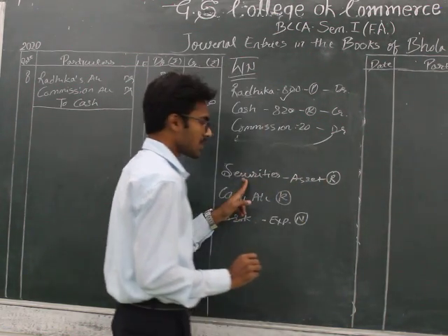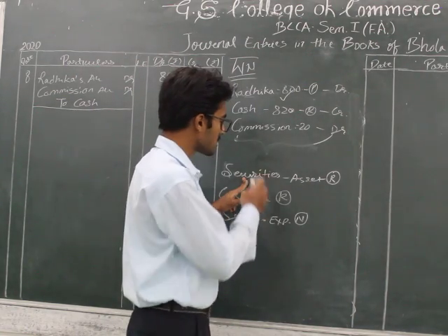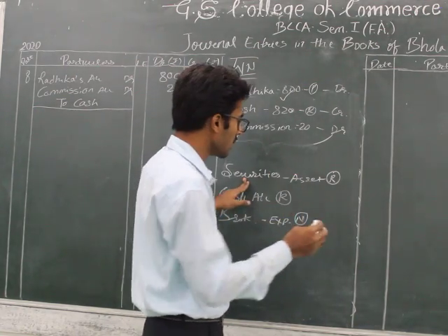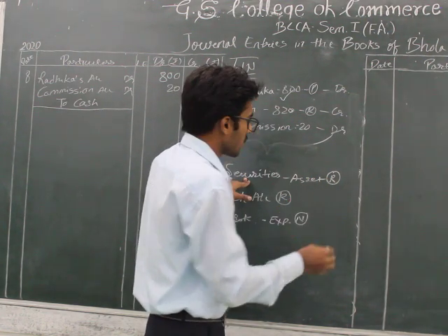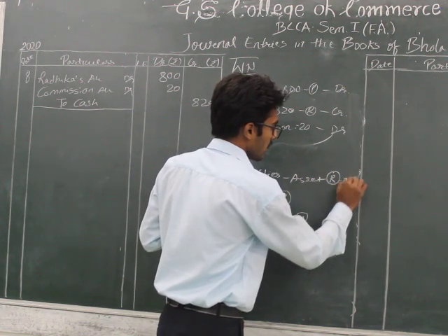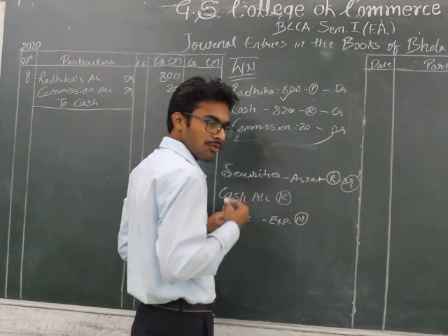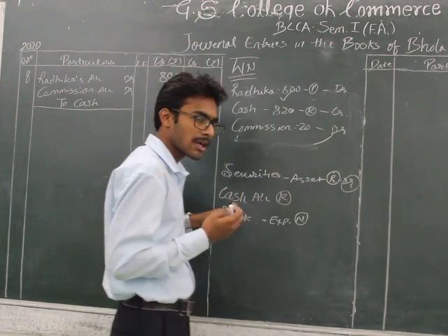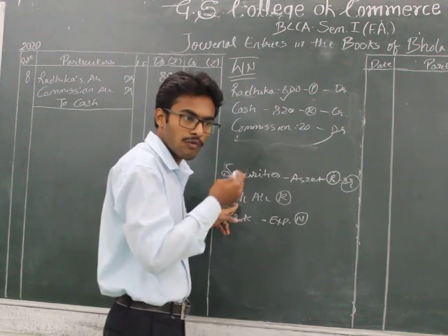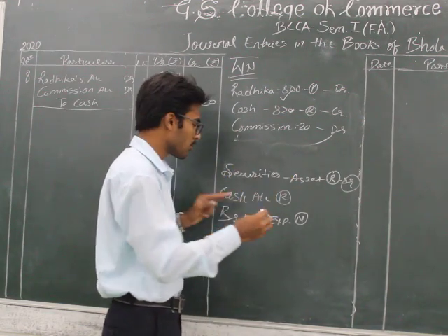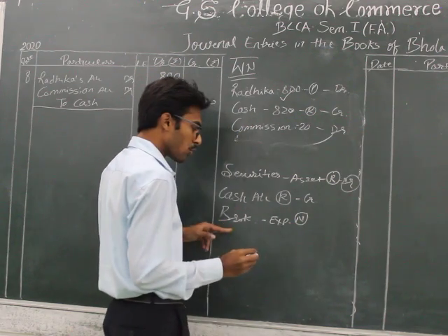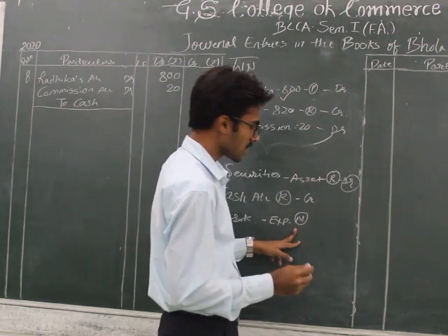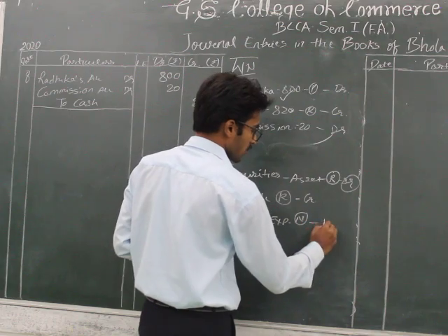Real account, securities, we are purchasing, that means securities are coming in, that's why debit what comes in, so this will be debited. Cash, we are purchasing something, that means cash will flow out from our books, that's why it will be credited. Brokerage fees is our expense, and nominal account says debit all expenses, that's why it will be debited.